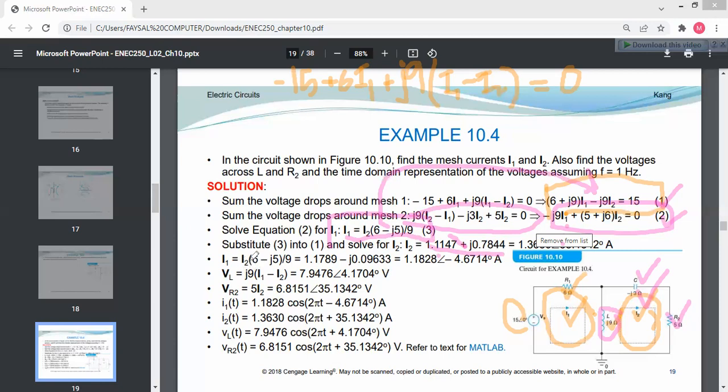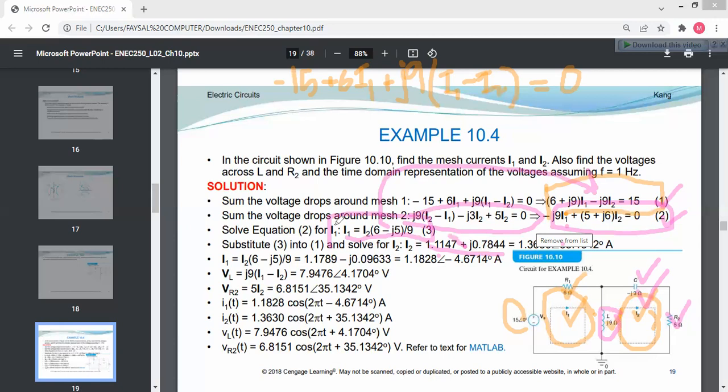Now finding I1. So I1 will be equal to I2 into 6 minus J5, using equation number 2. So just putting the value of I2, which is equal to 1.1147 plus J into 0.7844, and then multiplying with 6 minus J5, then dividing the whole by 9.